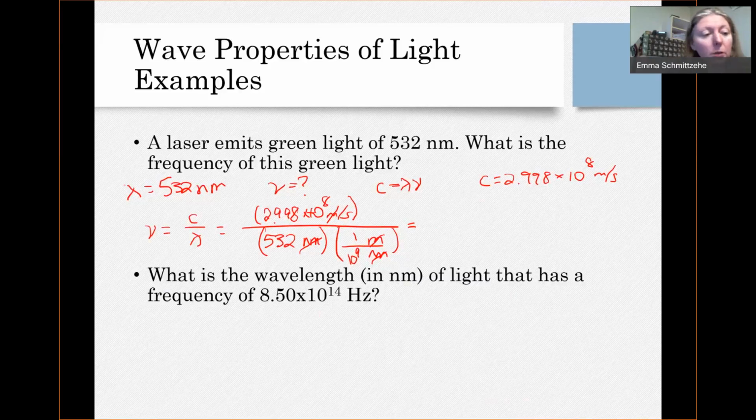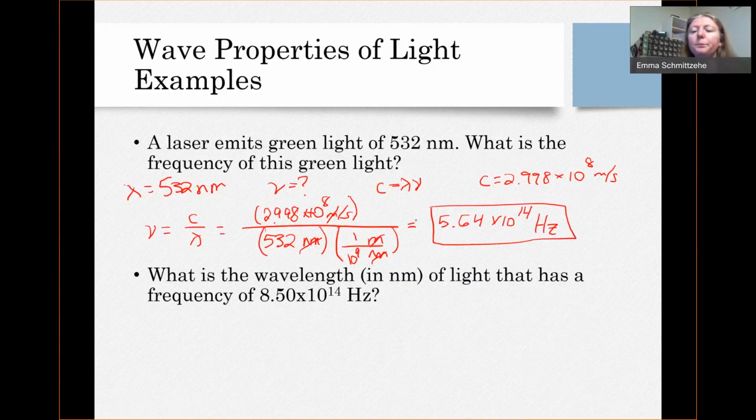Then I'm going to round to 3 sig figs because of that 532. So I get 5.64 times 10 to the 14th hertz, or you could write it as 1/seconds if you prefer. So that would be my frequency.